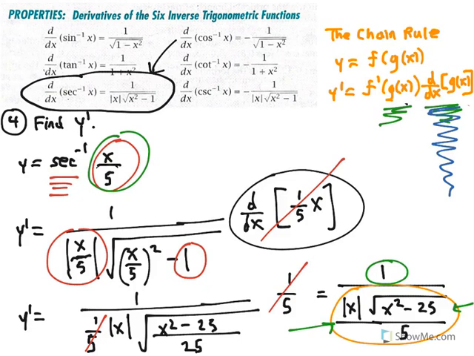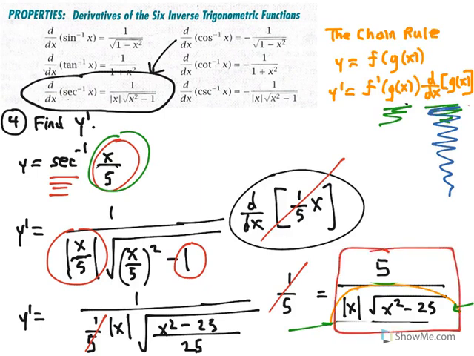So you multiply by the reciprocal, and that would just result in the final answer of 5 over the absolute value of x times the square root of x squared minus 25. That is the derivative of our function y is equal to the inverse secant of x over 5.